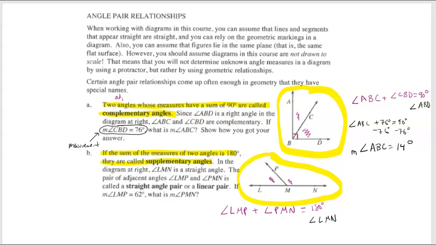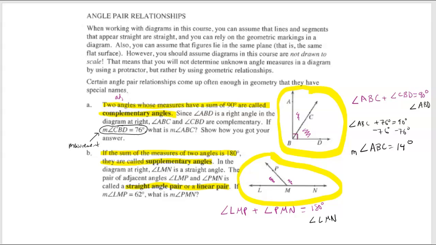So LMN can sometimes be called a straight angle pair or a linear pair, because there's a pair, because it's 2 of them. If it's more on the same line, instead of a pair, you can say a triple. Again, if we know what one of the angles is, we can solve for the other one.